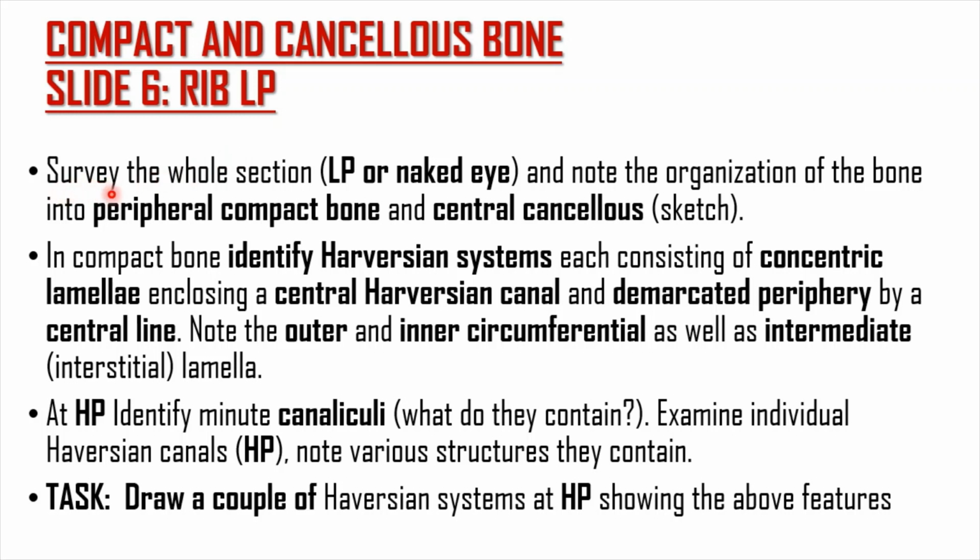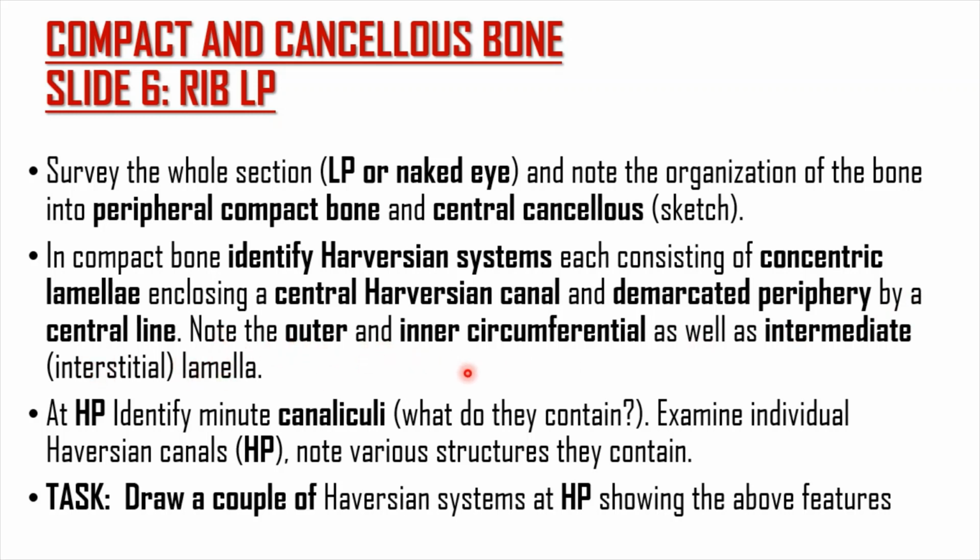Now you survey the whole section of the slide that I'm going to show you and note the organization of the bone into peripheral compact bone and the central cancellous bone. You sketch this, and in compact bone you identify the Haversian systems, each consisting of concentric lamellae enclosing a central canal and demarcated peripherally by a cement line.